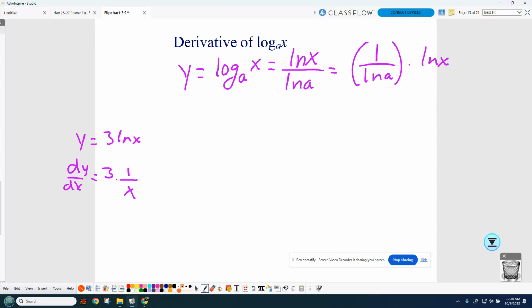It was there in the first place. So 3 over x. Okay, so this one, I just did change of base. This 1 over natural log of a is just like this 3 over here. It's just a number. So it's still there, and then the derivative of natural log of x is 1 over x. Yeah, that's it.